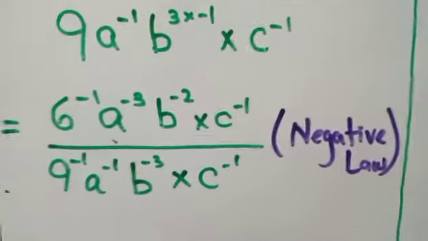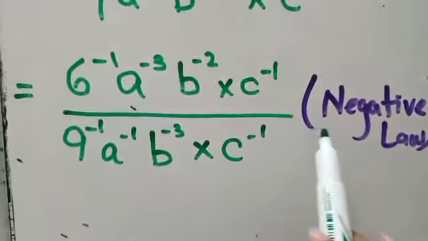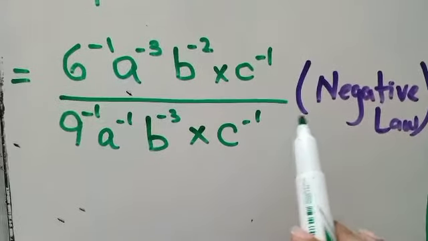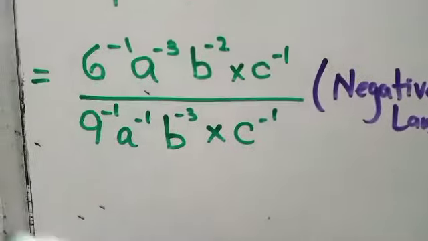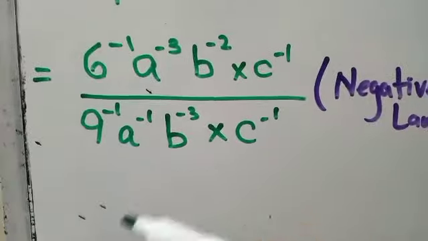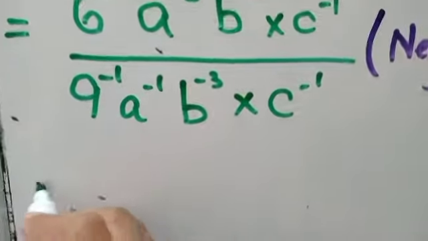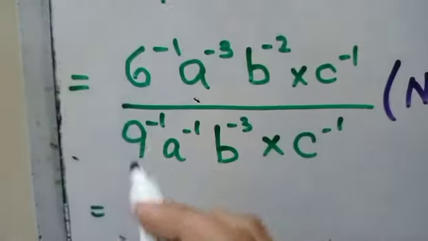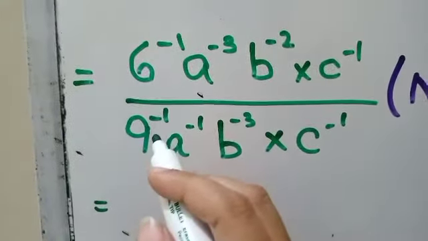Okay girls, now I will apply the negative law here. Negative law says that whenever the powers are negative, take the reciprocal so that it becomes positive. Now I can see that 6 raised to the power minus 1 is negative, and 9 raised to the power minus 1 is also negative.